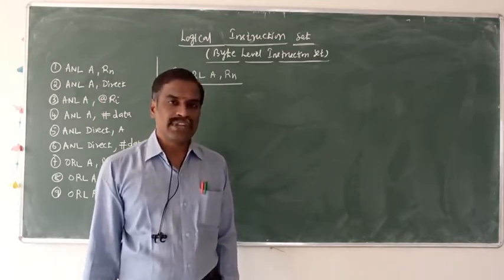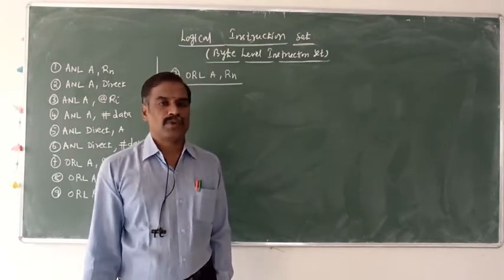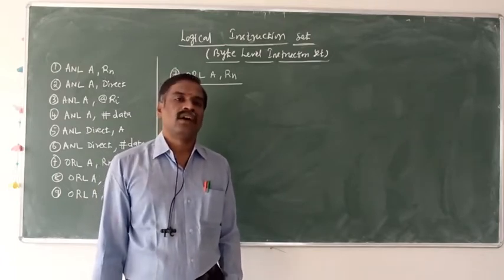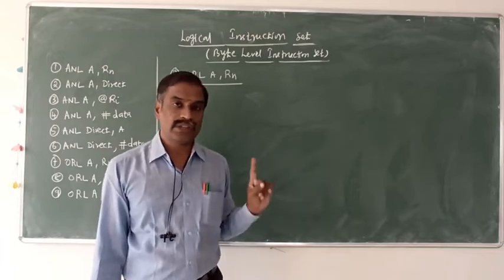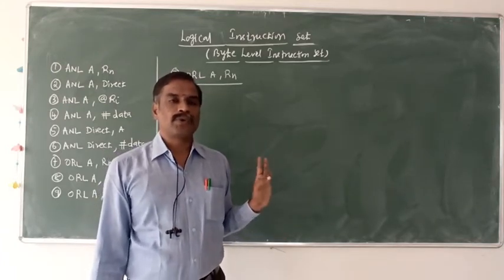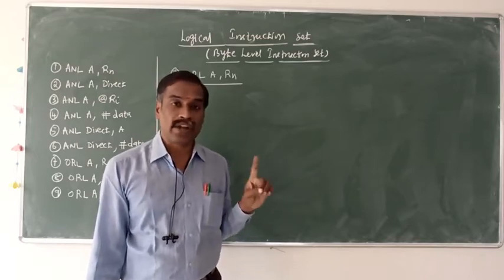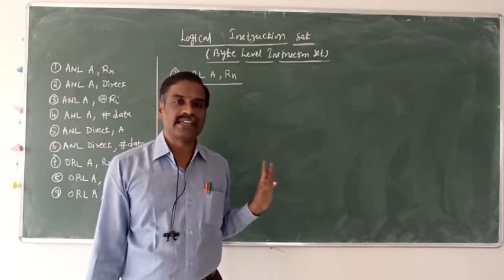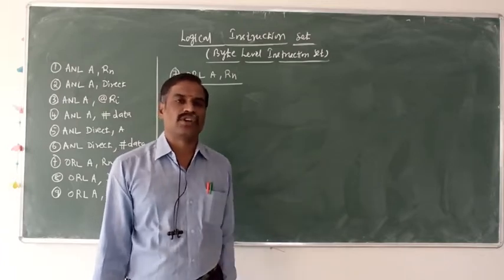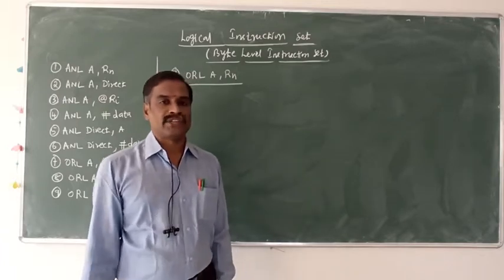If any one of the inputs is high, the output is also high. If both inputs are low, the output is low. This is the operation of the logical OR.